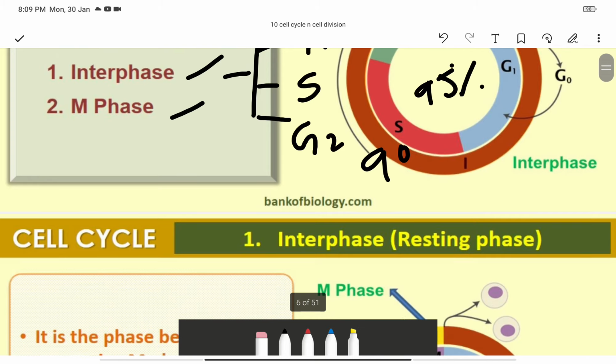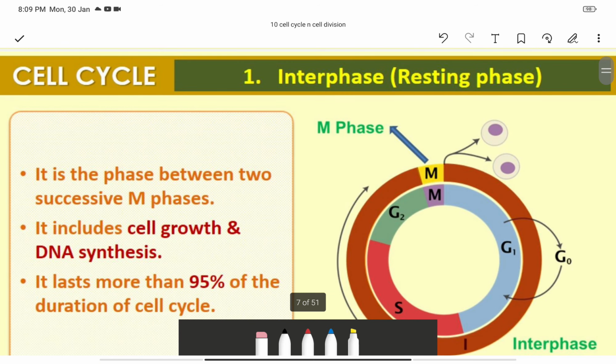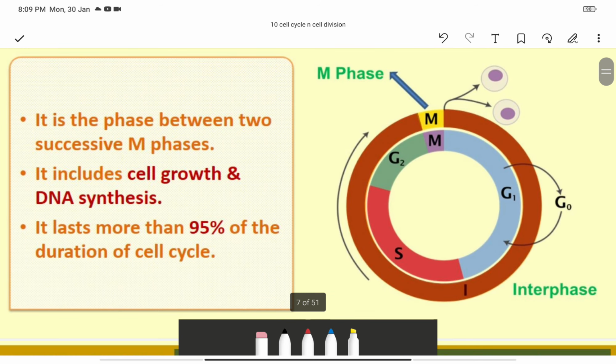The phase between two successive M phases we call interphase. It includes cell growth and DNA synthesis.